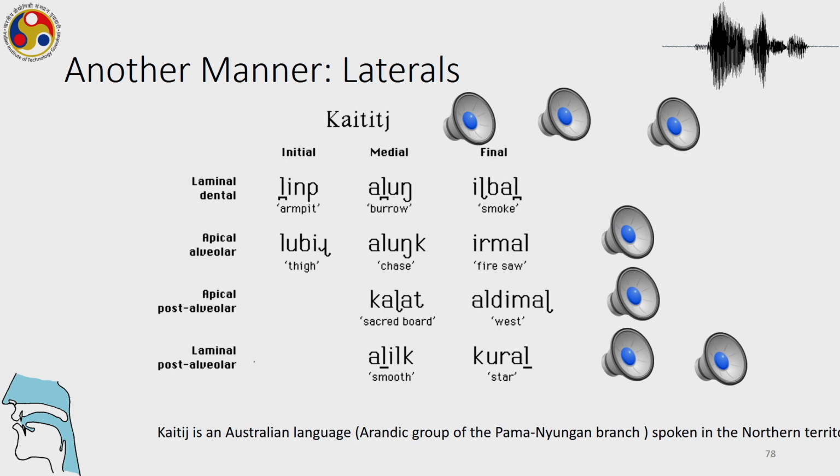So these are examples that we see of laterals, which could be laminal dental, like the examples here, which could be apical alveolar, as in the examples here, which could be apical post-alveolar, and which could be laminal post-alveolar. And all of these differences exist in the language called Kaititj.